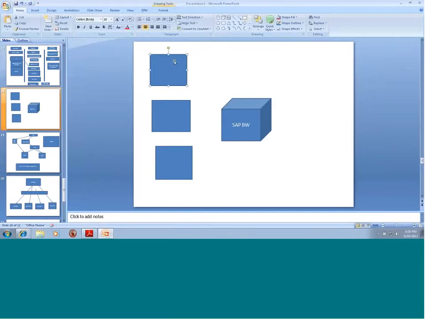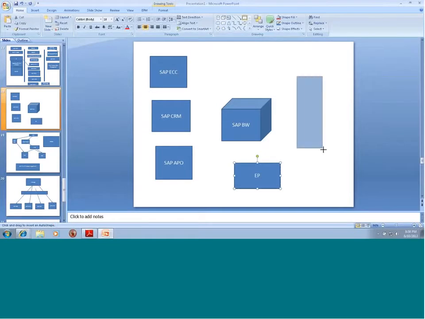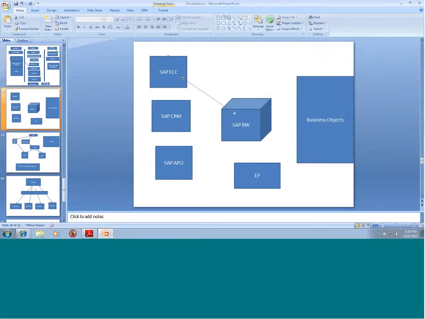They will talk about how SAP ECC is connected to BW, how SAP CRM is connected to BW, how SAP APO is connected to BW, how Enterprise Portal is connected to BW, and what the different tools for reporting are. So as a consultant, we should be aware of what all the different landscapes are that are available.